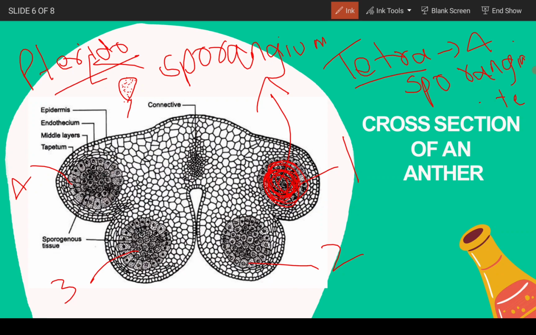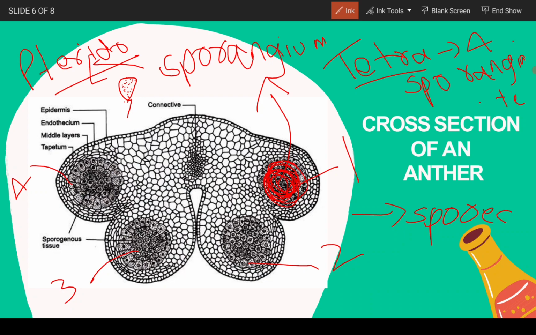There are 2 lobes, which gives the name bilobed and dithecous for the anther, and there are 4 sporangia. Sporangium is the singular, sporangia is the plural. Since they are present 4 in number, we refer to them as sporangia. So these sporangia produce spores.